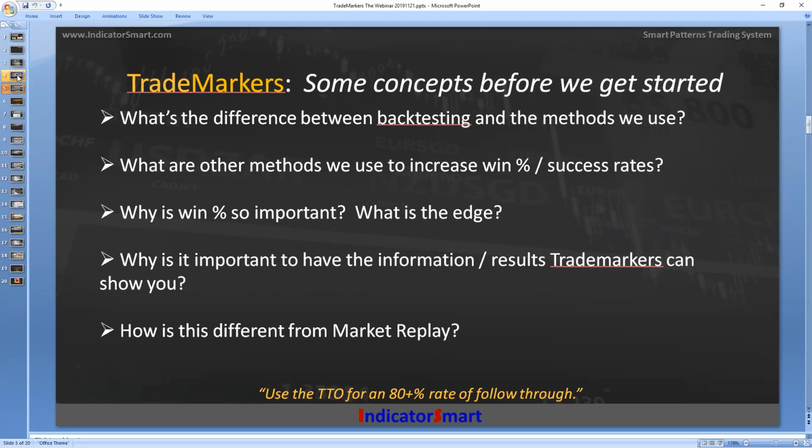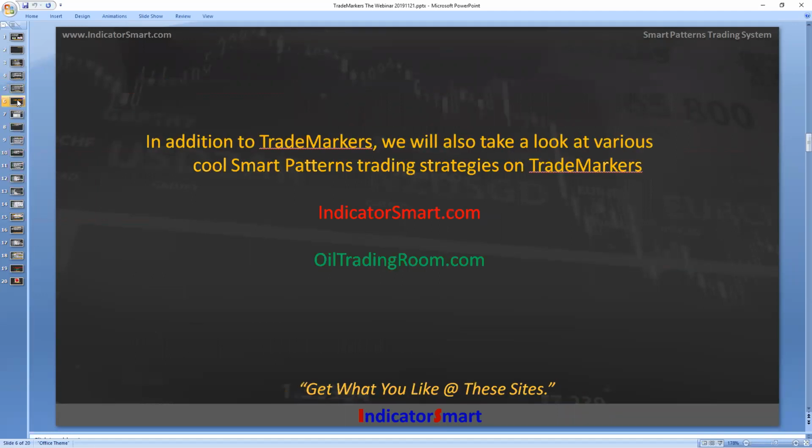With trade markers, we can jam through a chart in just minutes and get answers. We could say, I wonder what would happen if I did such and such instead of this or that. And within several minutes with trade markers, you can have an answer to that. And so I'm going to show you how we do that.